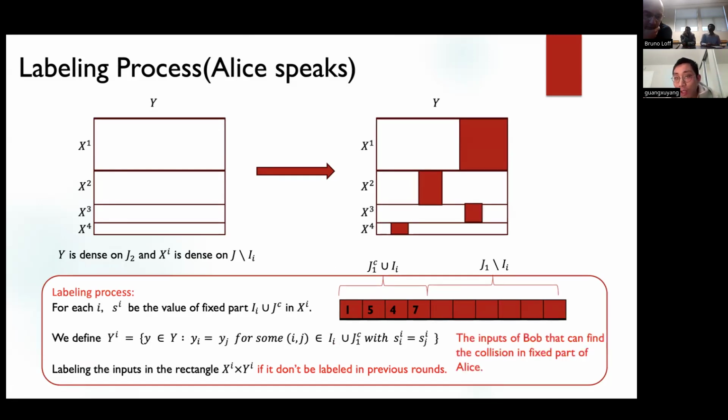Sorry, not there yet. For each xi there is a set Si, the value of the fixed part.